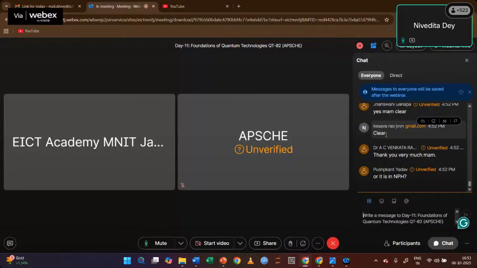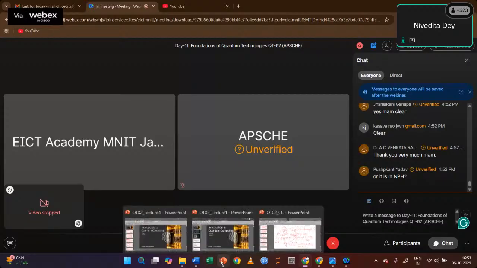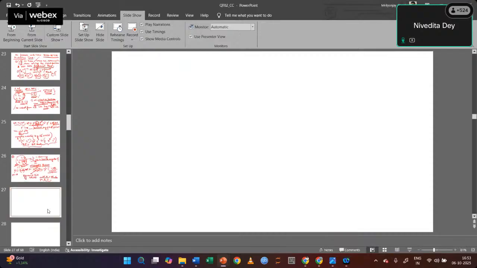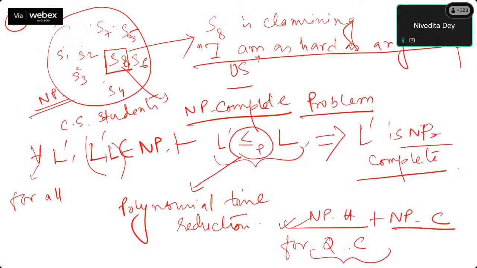If you can open my room with that key, that means it is working properly. If you are able to do that, then I will say that, okay, that key is verifiable. But say there does not exist any such key, then you will refer to it as a non-verifiable problem. And NP hard problems are generally not verifiable because they are not also in NP.